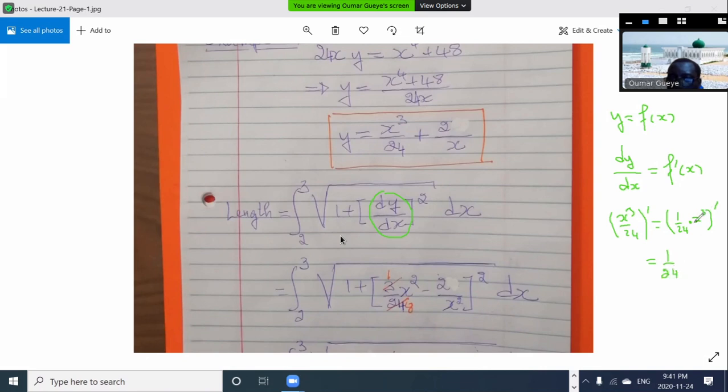You only differentiate the x cubed, which is going to be 3x squared. And that's what I got here. Now you simplify by 3, it becomes 1 by 8 times x squared. And that's what we got here. Is it okay? I simplify by 3.